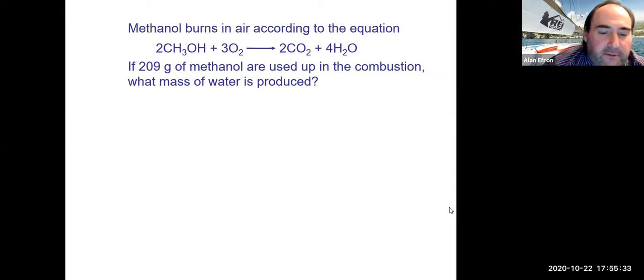Let's try another one just to make sure before we go on to a little bit more complicated ones. So let's just steal that reaction that we used earlier. We'll do this one.